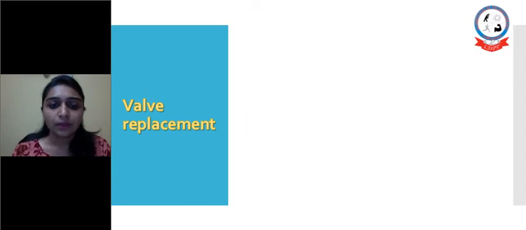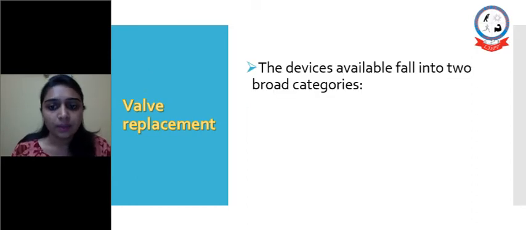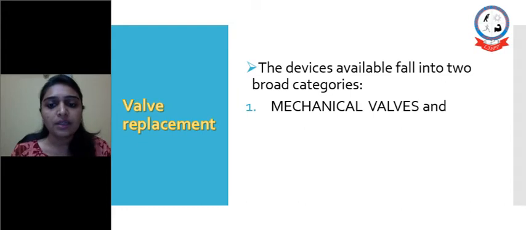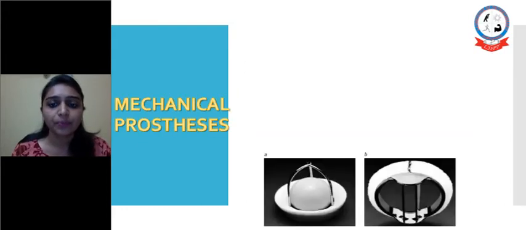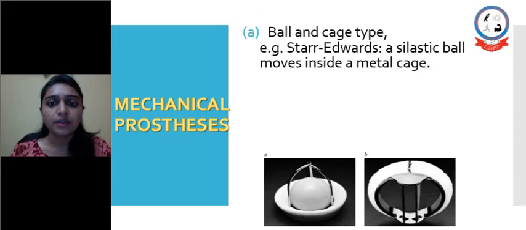Next is the valve replacement. Valve replacement, according to the device used in it, can be divided into two broad categories. One is mechanical valves and second is biological valves. Mechanical prosthesis, there are two types. One is ball and cage type, where a silastic ball moves inside a metal cage.